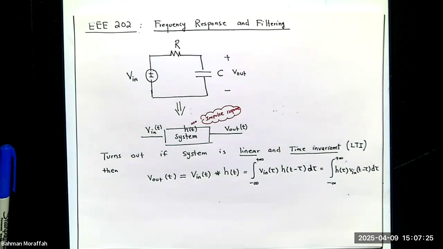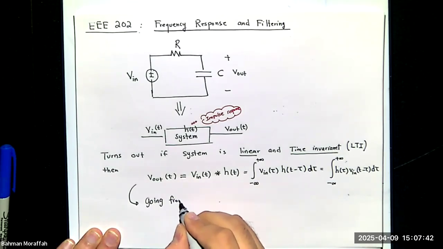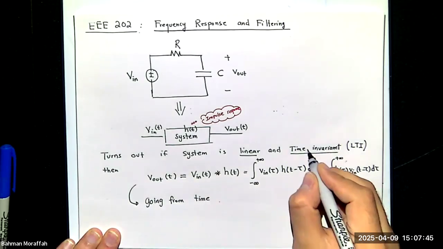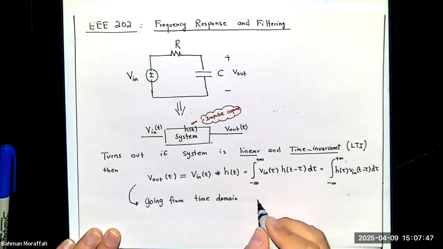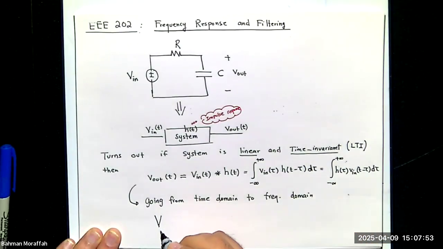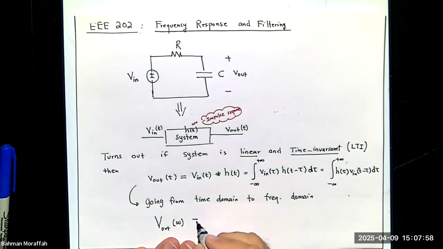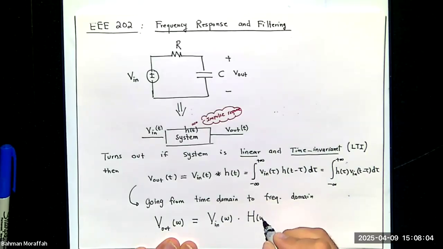It turns out if I go from time domain to the frequency domain, this scary convolution becomes multiplication, which is much, much easier to compute. So going from time domain to frequency domain, it turns out I can compute the V out as a function of frequency equals my input as a function of frequency times h of omega.